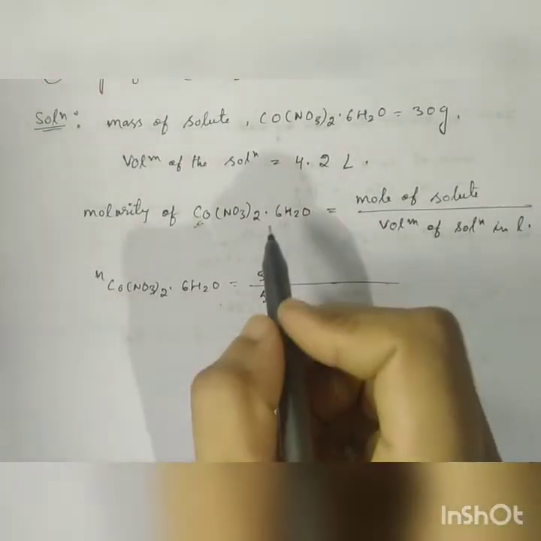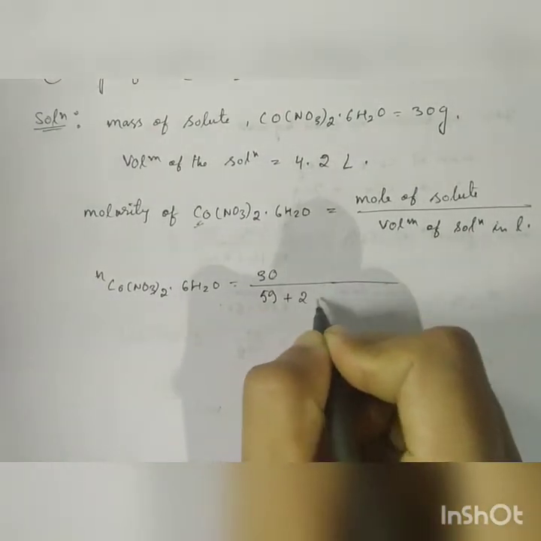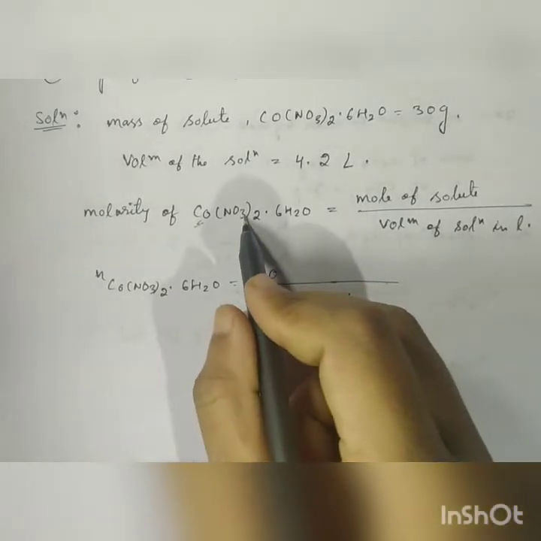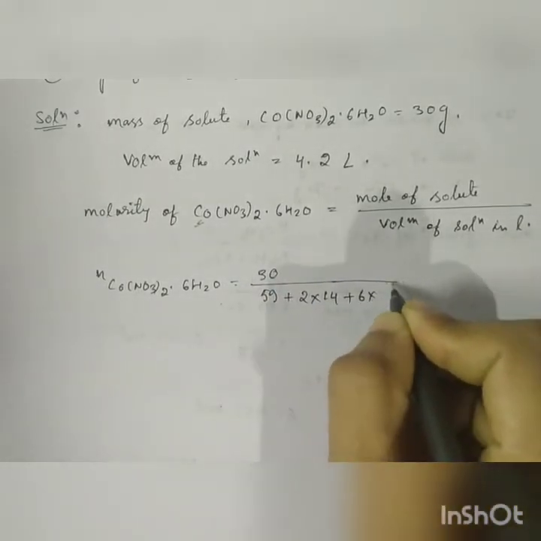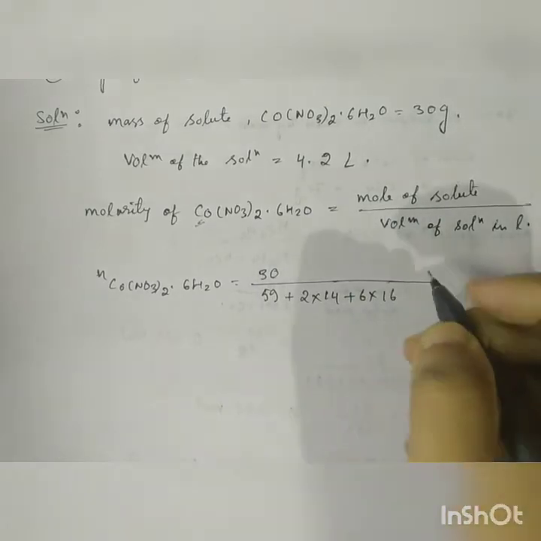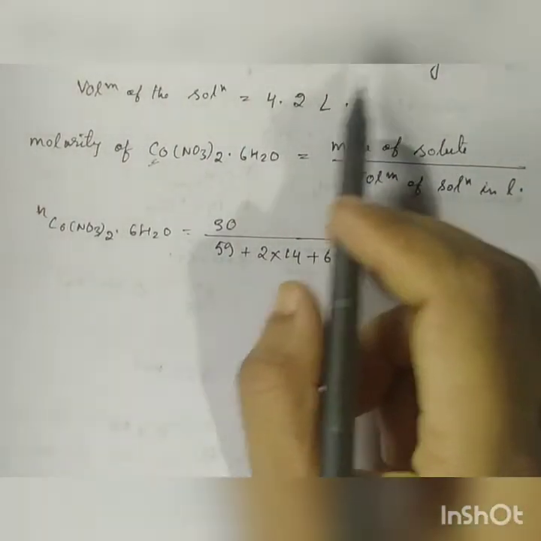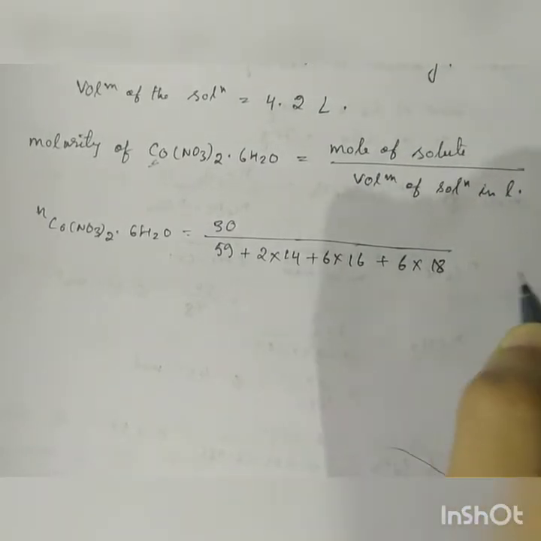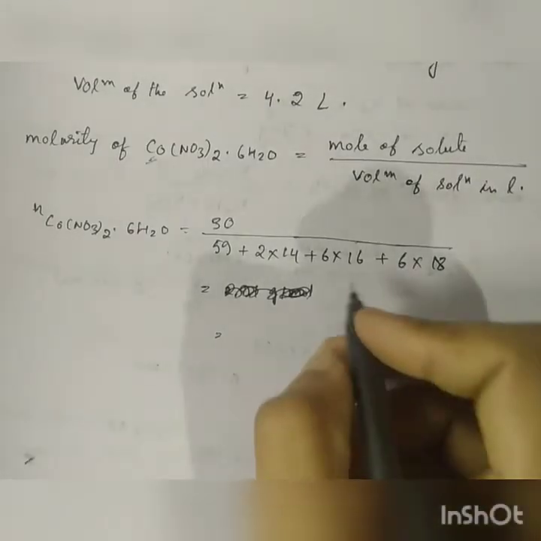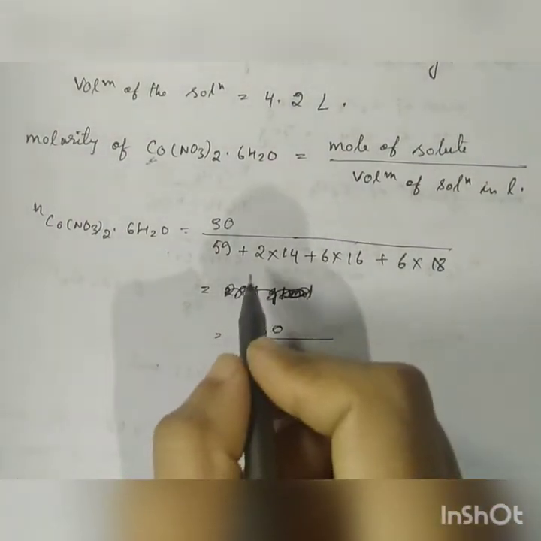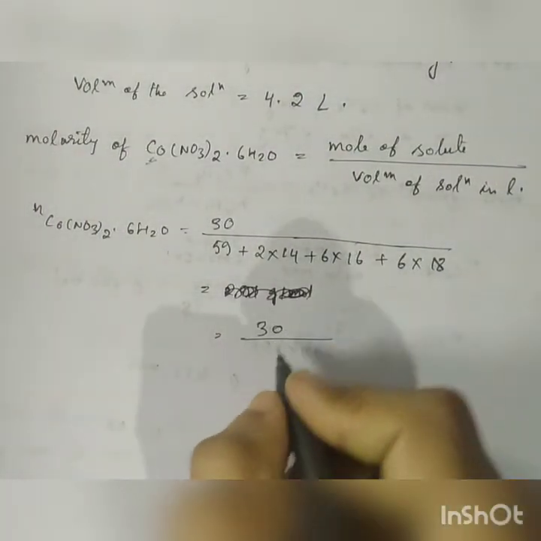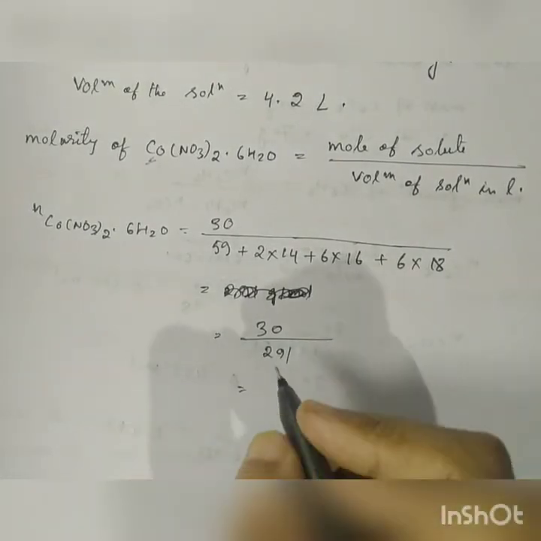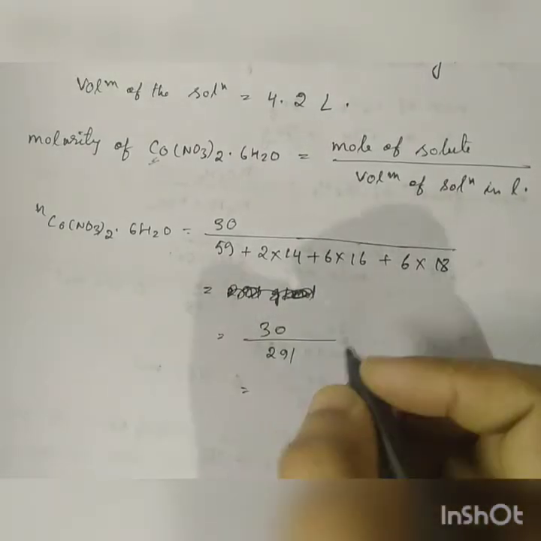How many nitrogens are there? 2 nitrogen, and the atomic mass of nitrogen is 14, plus how many oxygens are there? 3 into 2 into 6, and atomic mass of oxygen is 16, plus 6 water, and we know that the molar mass of water is 18. So now 30 divided by, after addition you will get the value 291.